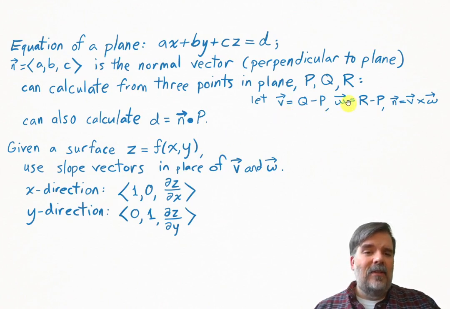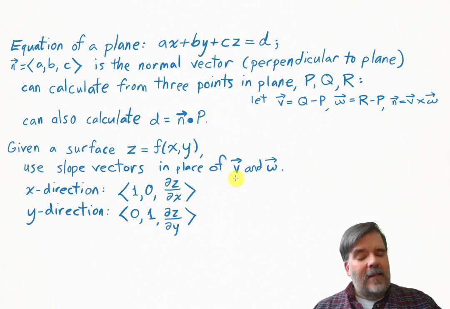So in order to get these 2 vectors, v and w, that we need to calculate the normal vector, we'll use the slope vectors in place of v and w. And that's an important choice because remember, we want the plane to have the same slopes as the surface does at this point. Now in the last video, we laid a lot of the groundwork for this video without even realizing it.